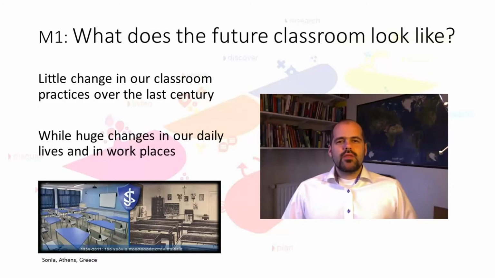The limited change in classrooms over the last century was really highlighted by a picture shared by Sonia from Athens, and thanks for sharing that, showing her classroom in 1856 and in 2011. Things look more modern now, but ultimately the organisation of the classroom has hardly changed.